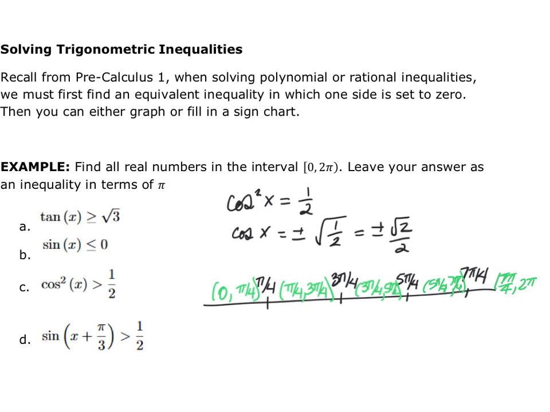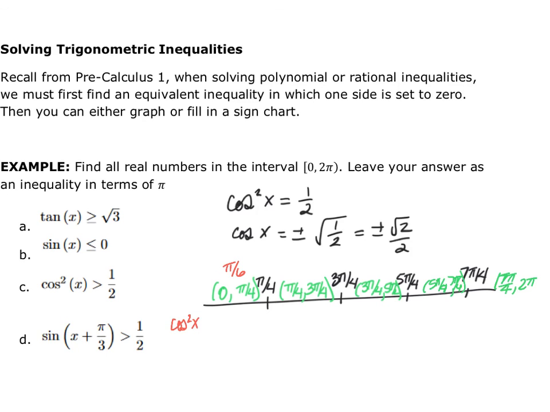All right, so now I'm going to choose any angle in this first interval. And remember, I am checking it against cosine squared. So I have cosine squared of my angle. Let's choose pi over 6.